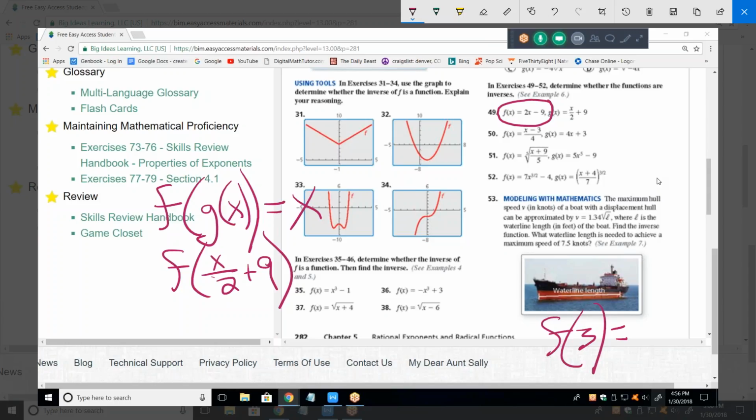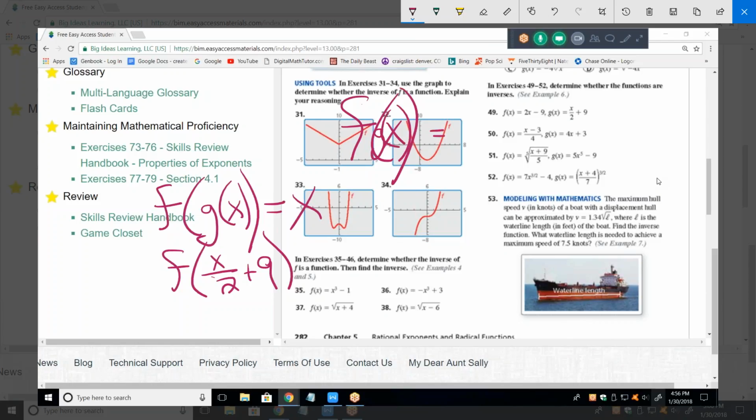In other words, down here we have a quite a bit more complicated expression. It's not a number, it's x over 2 plus 9. But we're going to do the same exact thing. Wherever we see x, we're going to plug in x over 2 plus 9. So f of g of x equals 2 times x over 2 plus 9, minus 9.